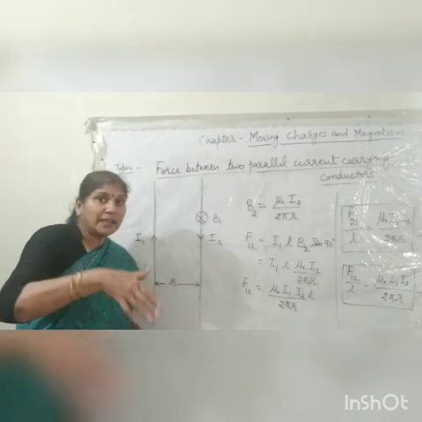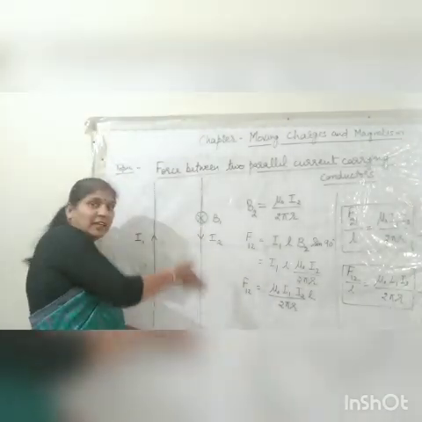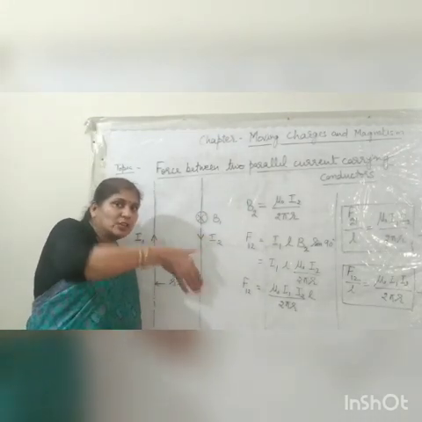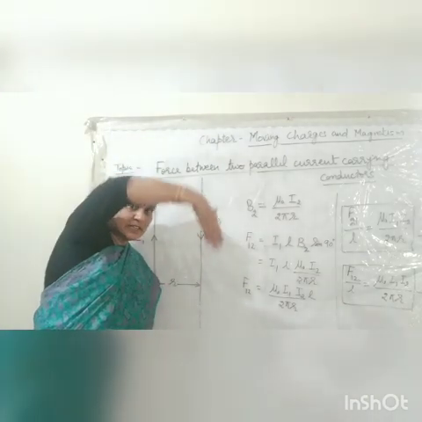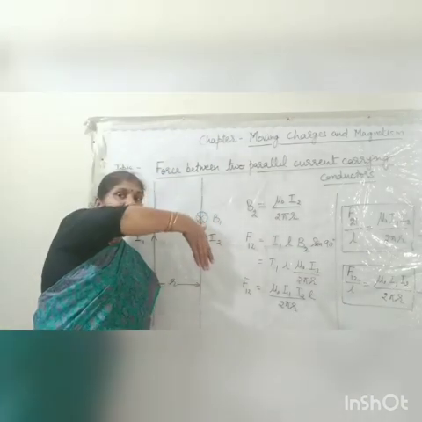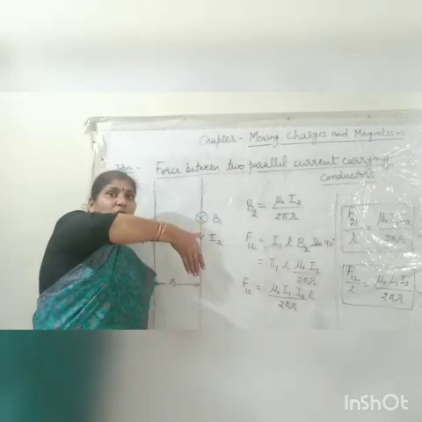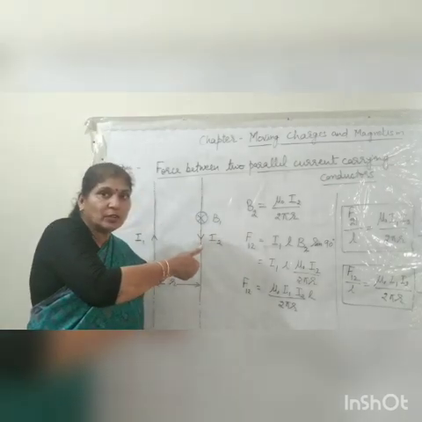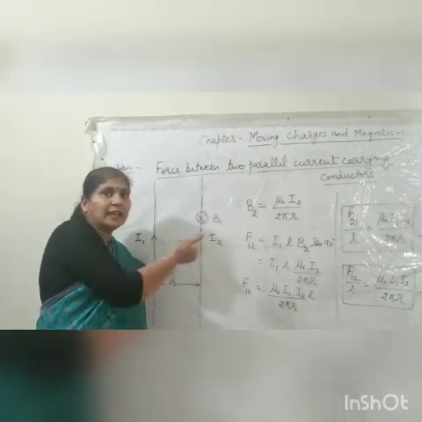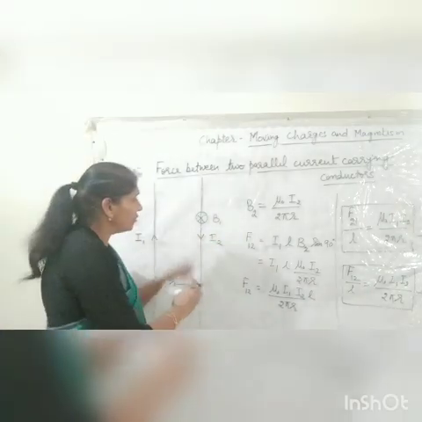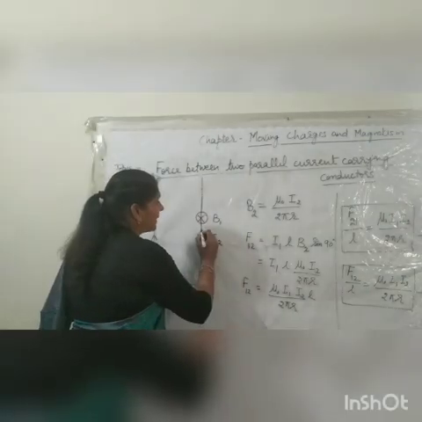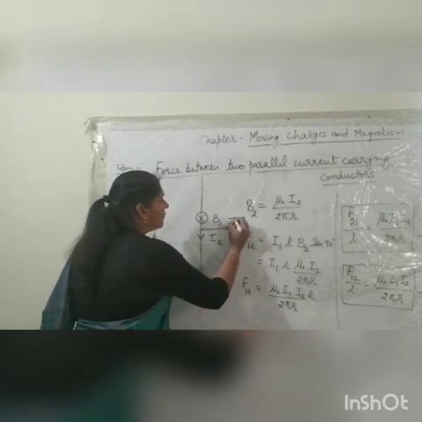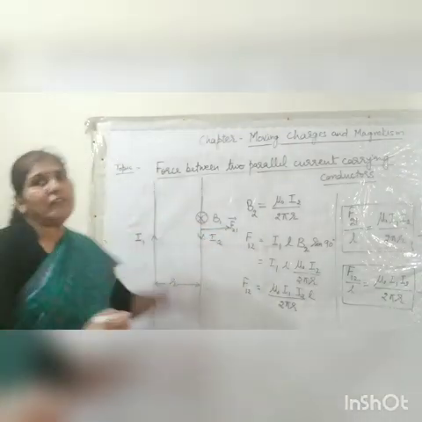So if we apply the L cross B formula, the length vector is along current I. We take our fingers in the downward direction according to the current, and the magnetic field is inward, so for our right hand our fingers are turning inward, from L to B. Then the thumb represents the direction of force on the second conductor. It means on the second conductor a force F21 will be applied away from the first conductor.